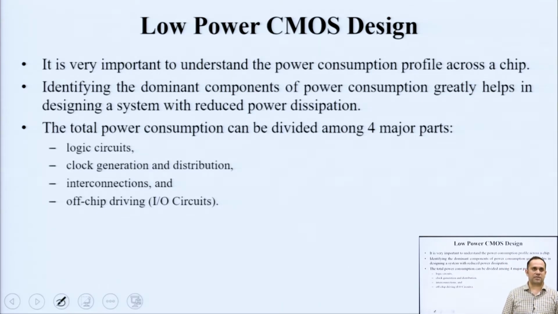Interconnections, the wires which connect from one component to another, can also result in power getting dissipated. And the off chip driving or your IO circuits, these are your interface between the chip and the outside world and vice versa. When you are driving inputs or extracting signals from the output, that is where your power can get consumed. So, these are some of the dominant areas where power consumption takes place.